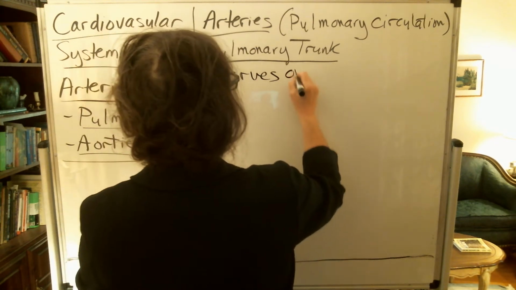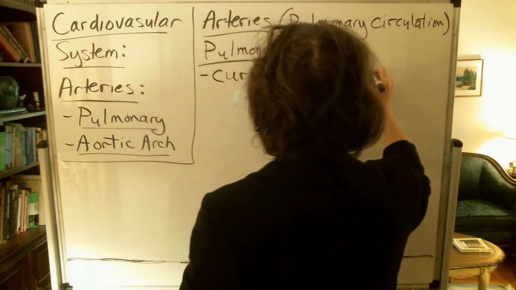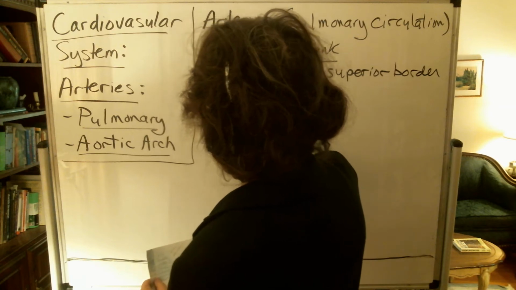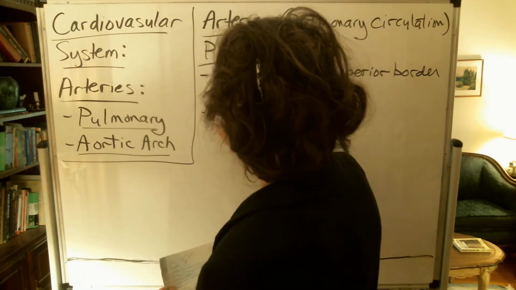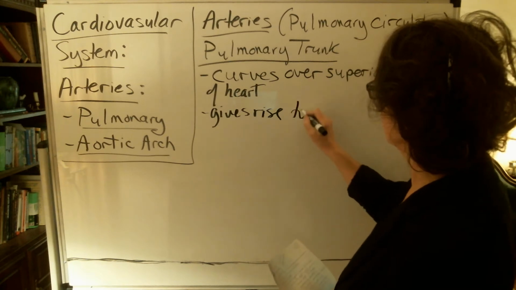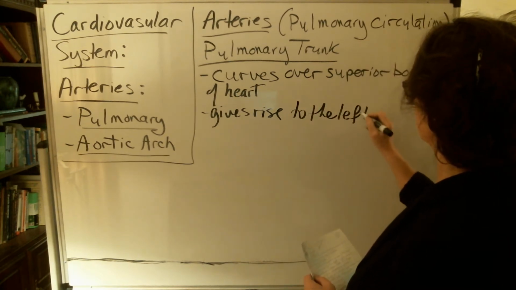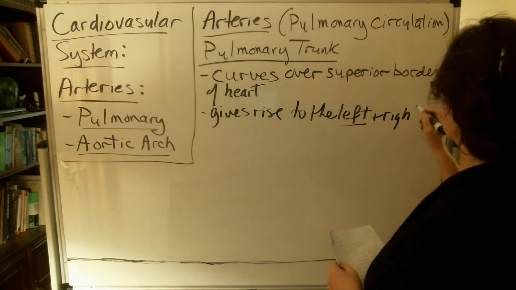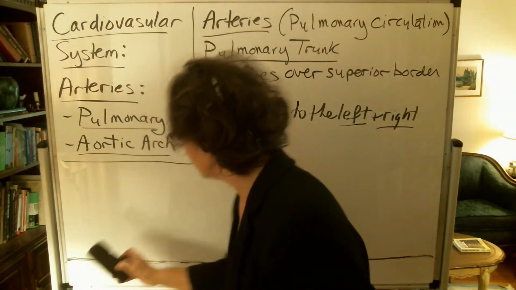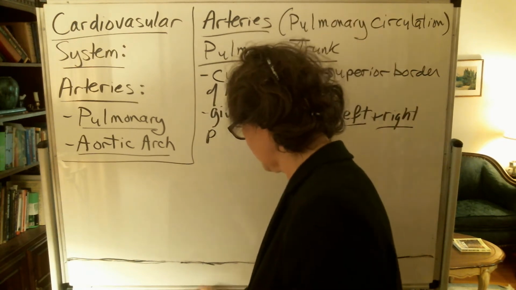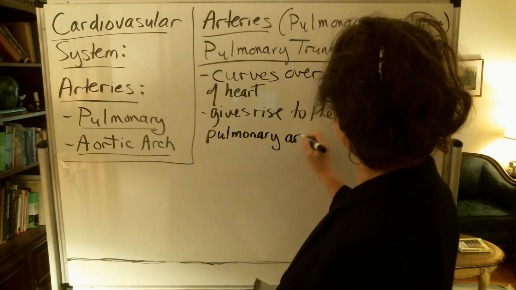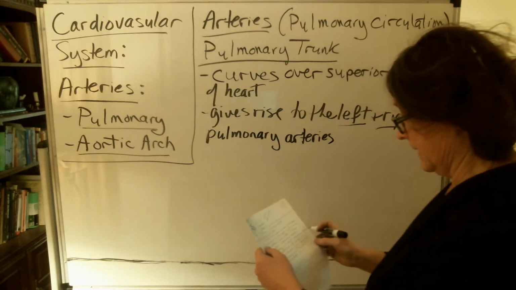So it curves over the superior border of the heart, and it gives rise to the left and right pulmonary arteries.